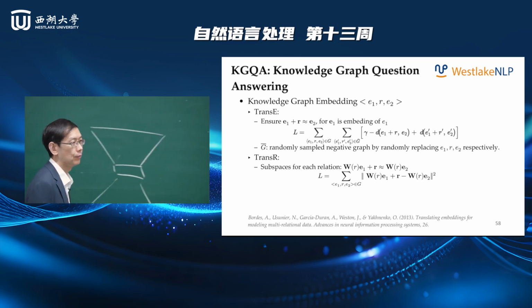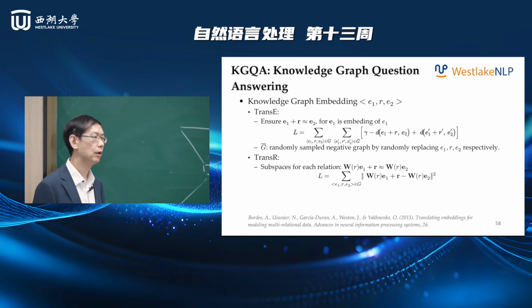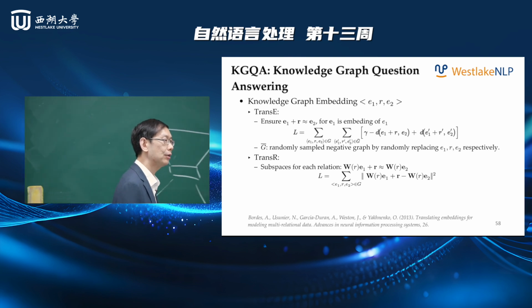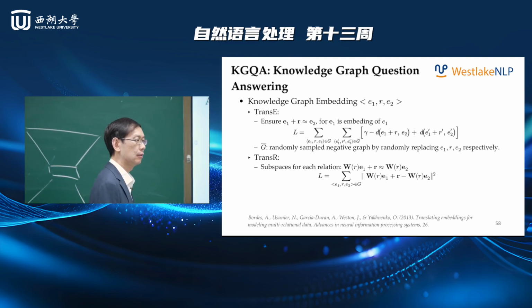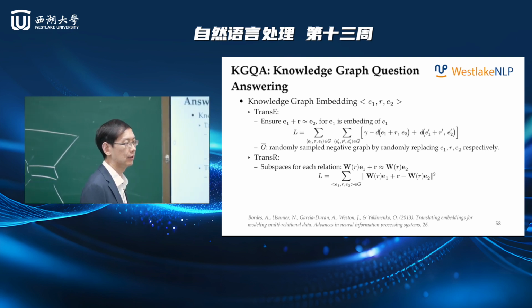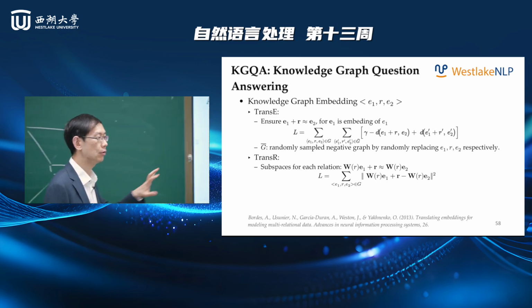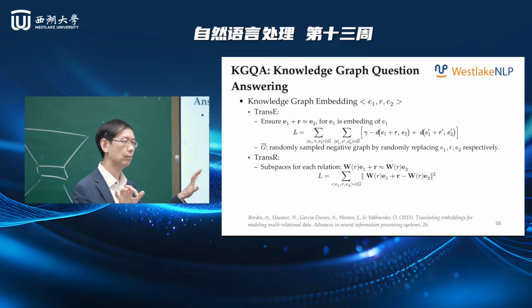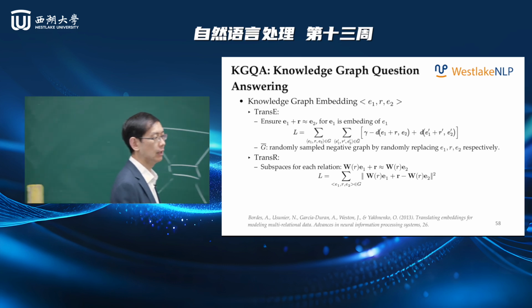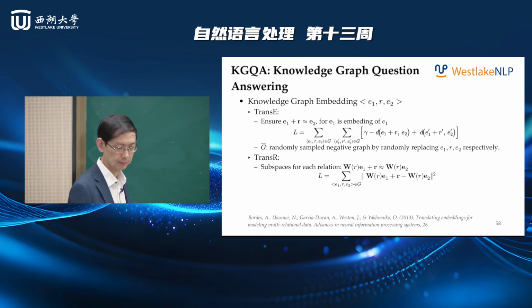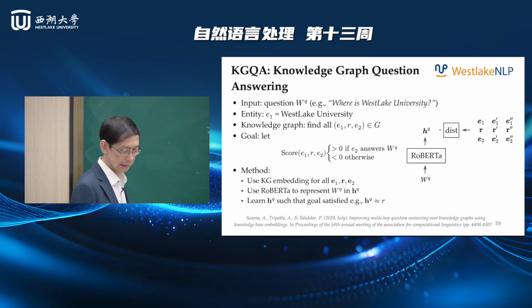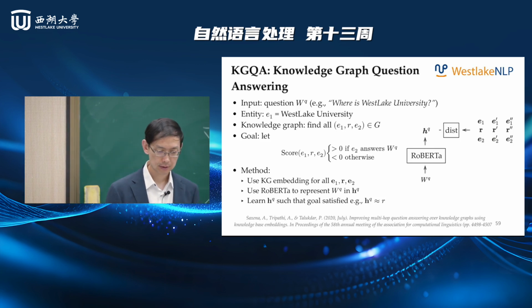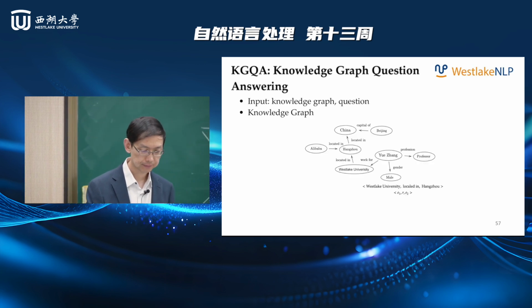So, you want to solve two problems. The first problem is how you can represent a knowledge graph. The second problem is how you can integrate information from a knowledge graph with information from a question. Let's look at the two. The first is how to represent a knowledge graph, okay?